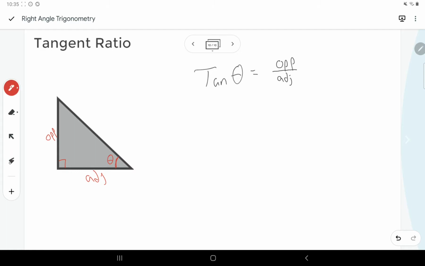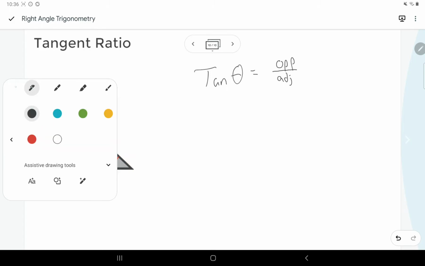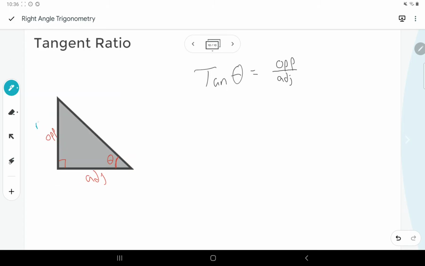Now, tangent is a little bit of a special case, and this is a little bit of an extension, so this isn't necessarily part of just trigonometry, but just so you know. If you look at this triangle, imagine this was like a ramp going upwards. You could say that the opposite was the same as, say, a rise, because it's going up, rising up. And then the horizontal here, the adjacent side, you could say that's like a run, it's running to the side.